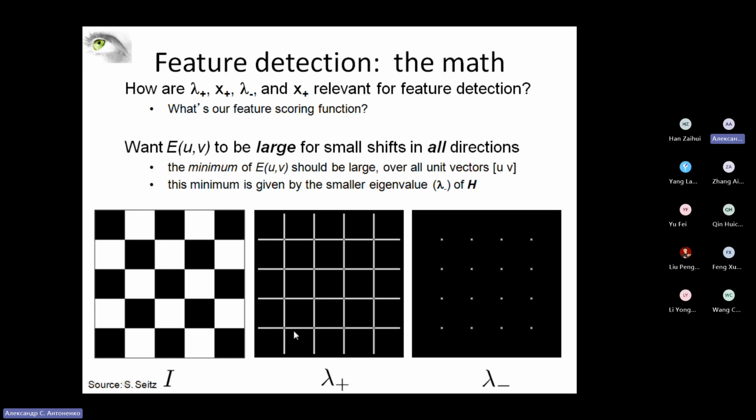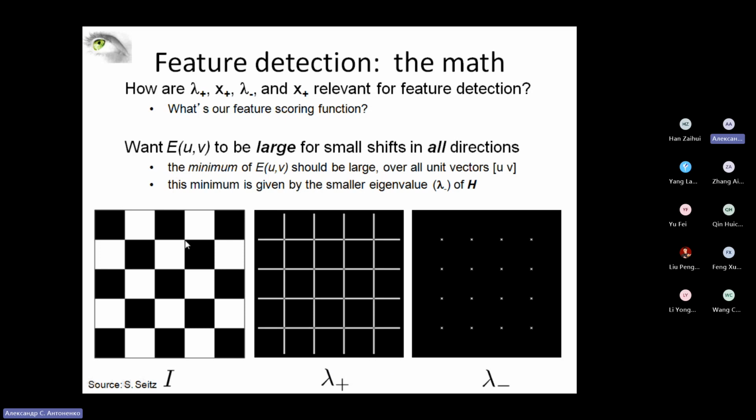So lambda plus is big at these edges, but lambda minus is 0 at these edges, because there is change in only one direction. So only the bigger lambda is positive and big, and the smaller lambda is 0.